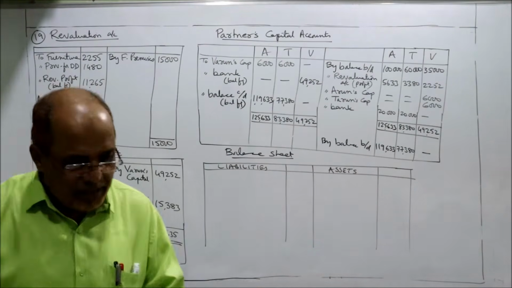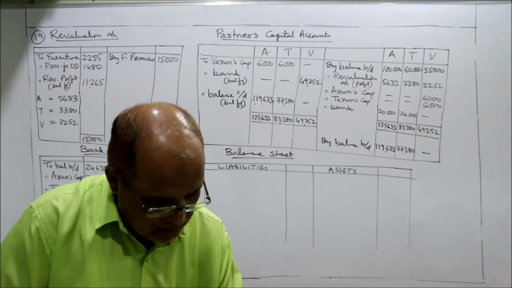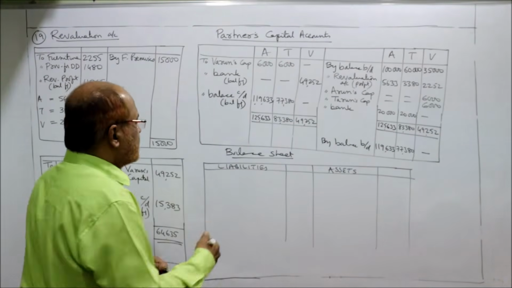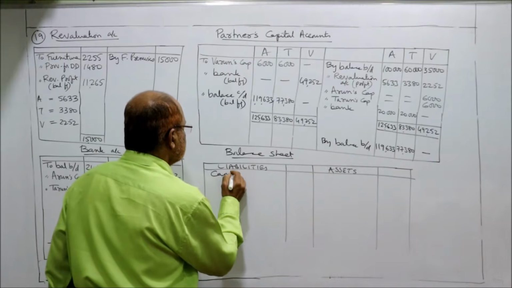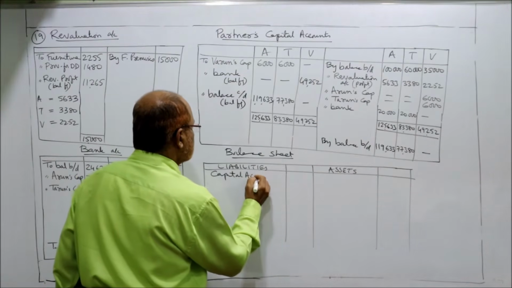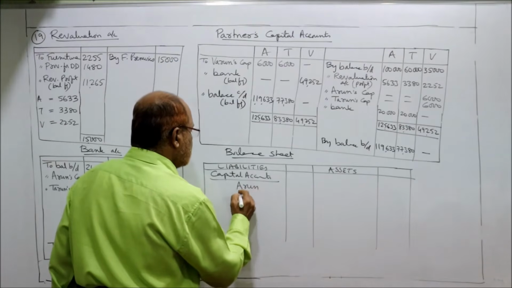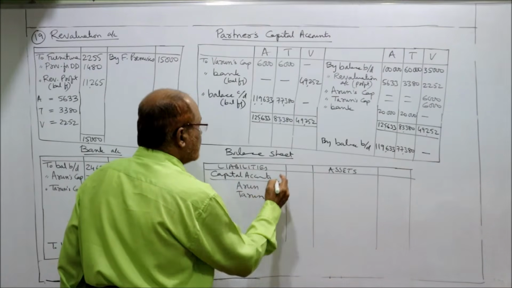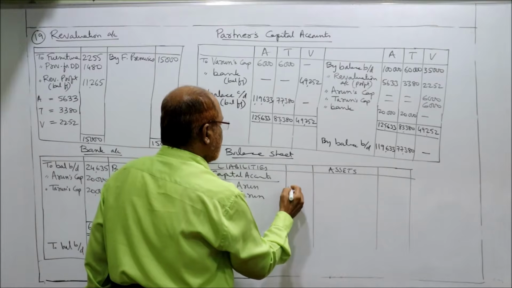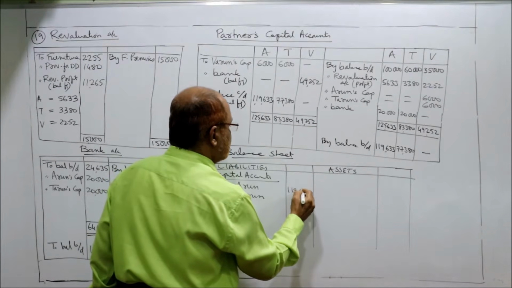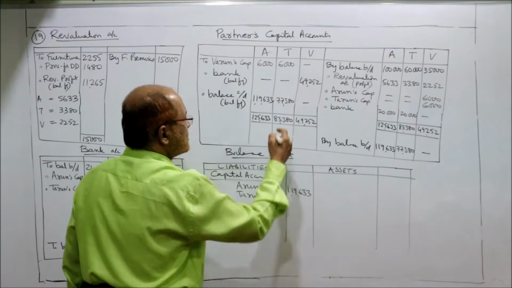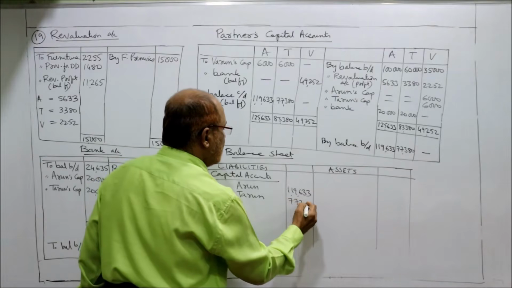By seeing the old balance sheet, we can easily make the new balance sheet. First it is given capital accounts. Now, capital accounts we take only Arun and Tarun. The closing balance is 1,19,633 and 77,380.